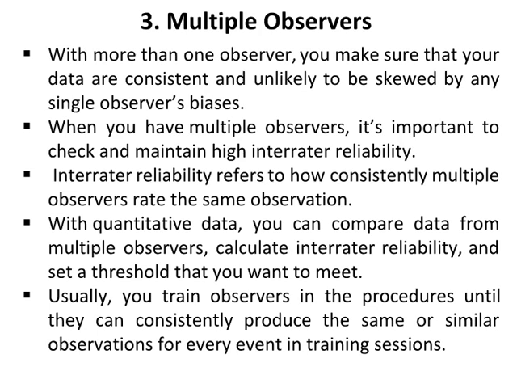With quantitative data, you can compare data from multiple observers, calculate inter-rater reliability, and set a threshold that you want to meet. Usually, you train observers in the procedures until they can consistently produce the same or similar observations for every event in training sessions.